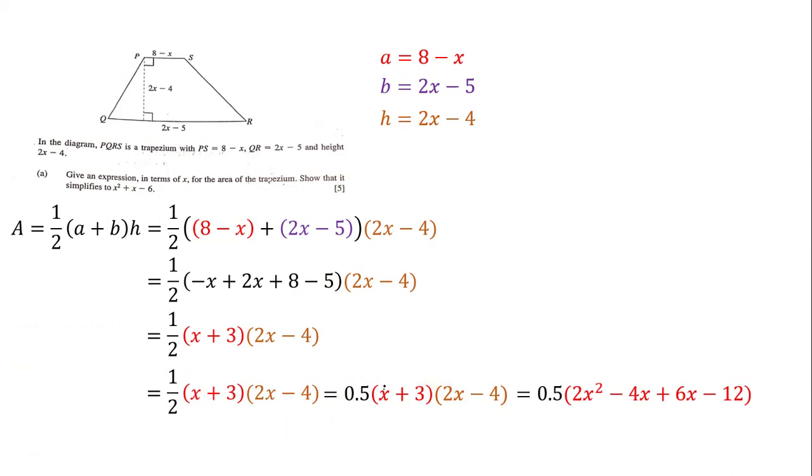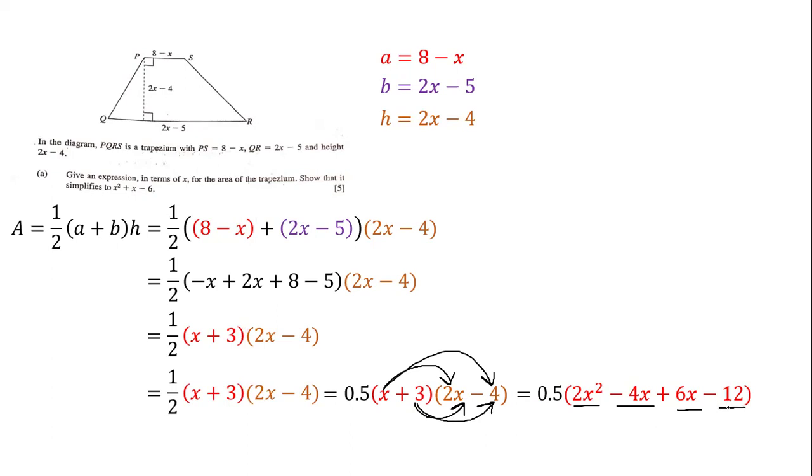X times 2X gives us 2X squared. X times negative 4 is negative 4X. 3 times 2X is 6X. And 3 times negative 4 is negative 12.